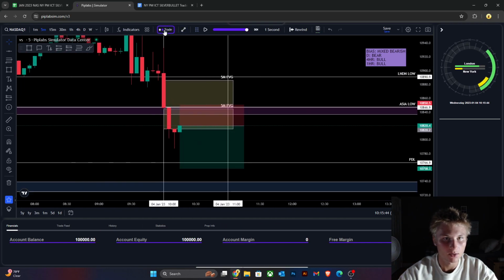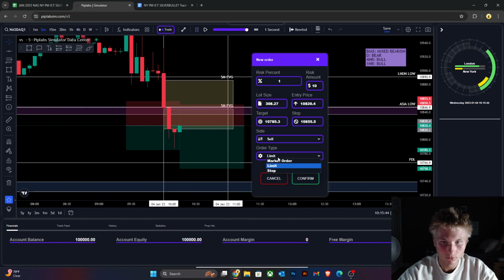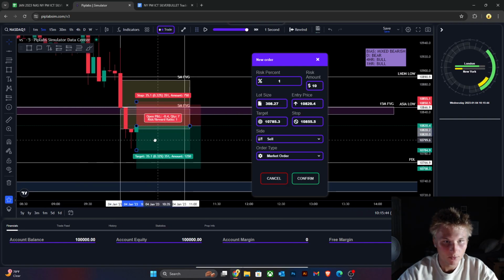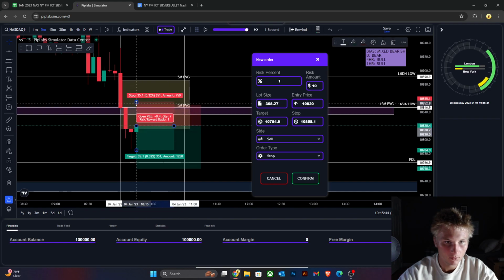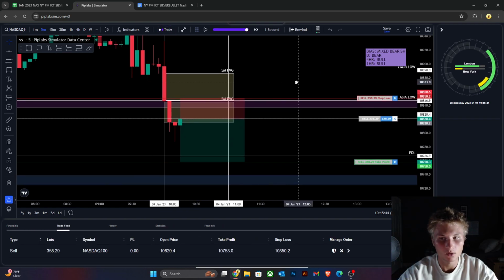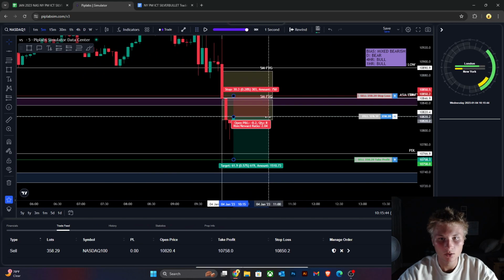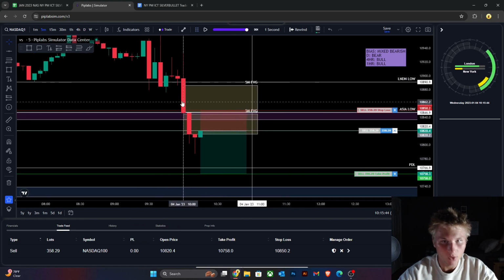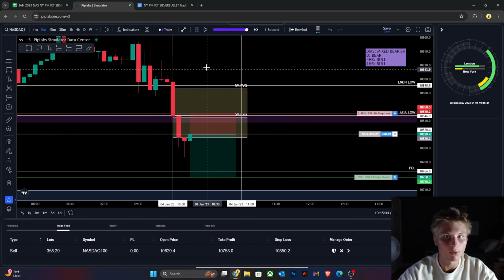We're about to put this in right now. Just sell a market here. 30-point stop, targeting a 1 to 2. And let's see if this plays out or not. I do not like this 5-minute gap above here as well.